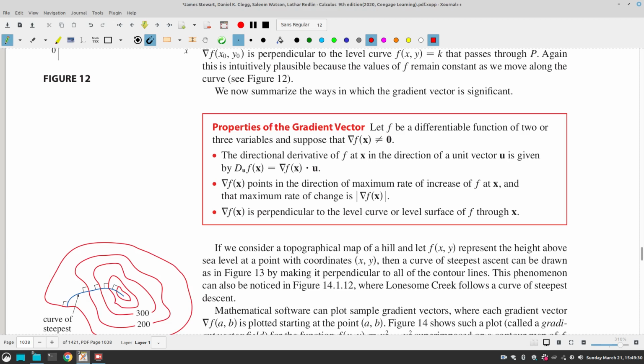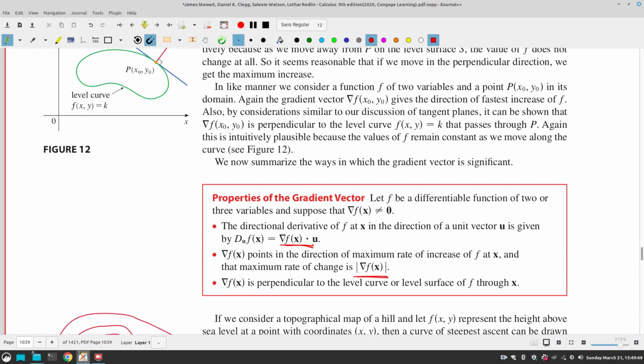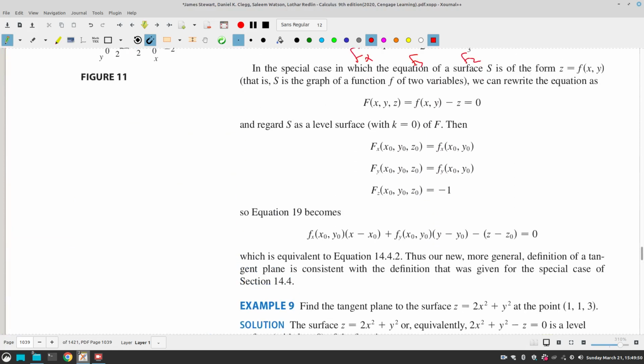The modulus of the gradient vector gives you the fastest rate of increase of f. The dot product with u, of course, gives you the rate of change in the direction of u, and del f, remember, is perpendicular.